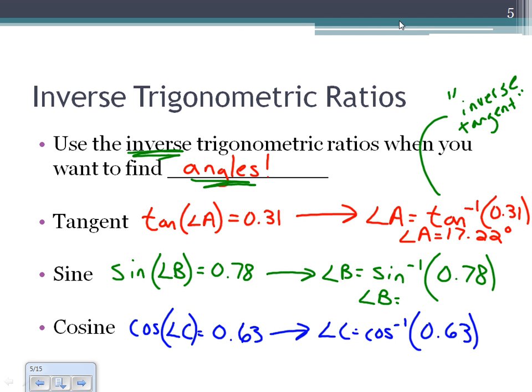What'd you get? 51.26 degrees. And the last one would be angle C equals, who's got it? 50.95? Anybody get anything different than those? If you had the last decimal different, that's okay. So notice how we found the angles here. So this is when we need to find angles.